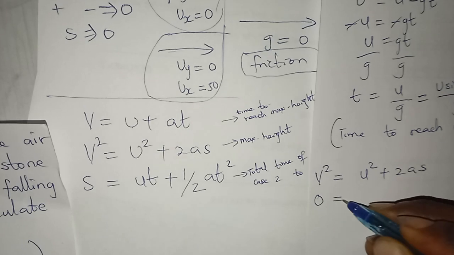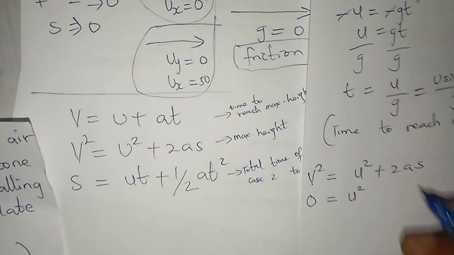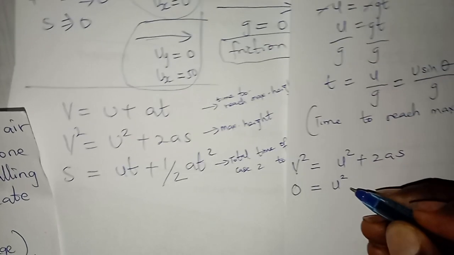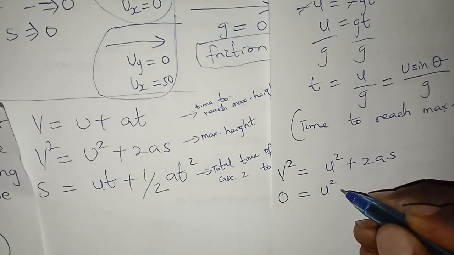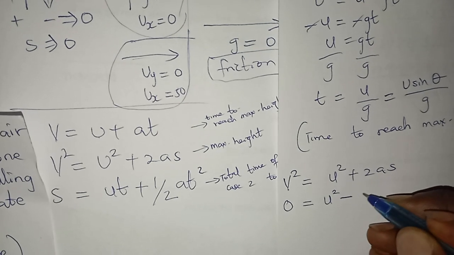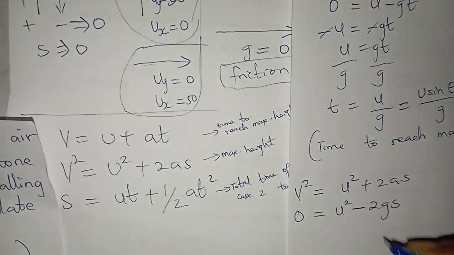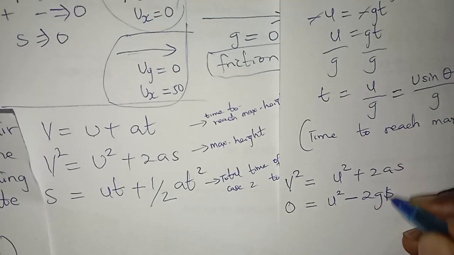0 square equals to whatever I'm giving for u, there will be u square. Then since it's going up, maximum height, that is what we are trying to find, the g is going to be g, so it will carry minus g, and if it will affect this, this will be minus 2gs. And the s here is talking about height.